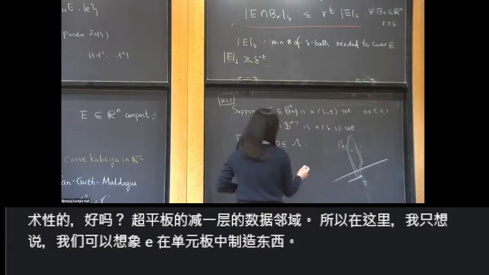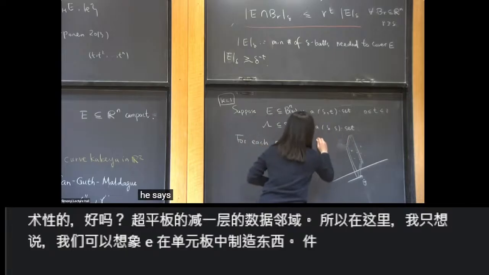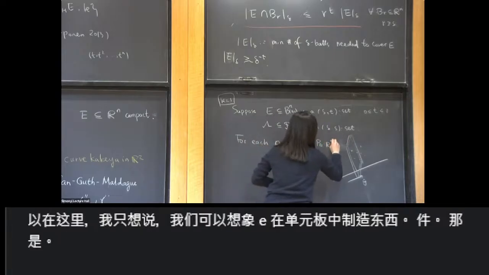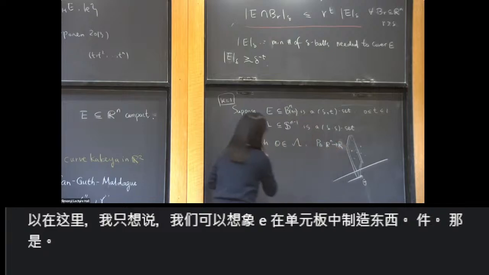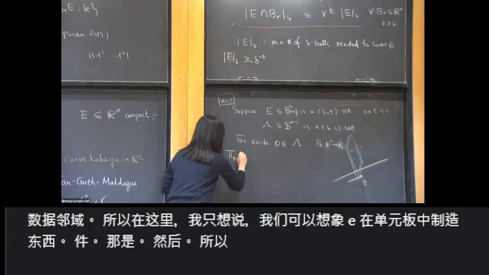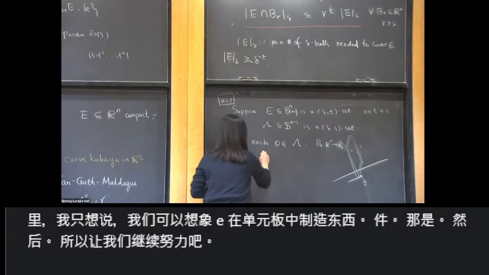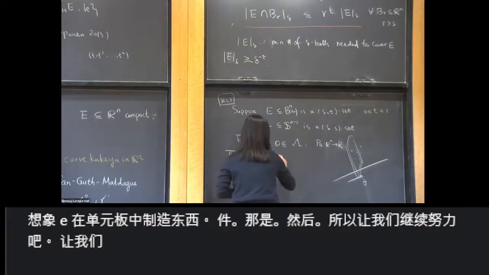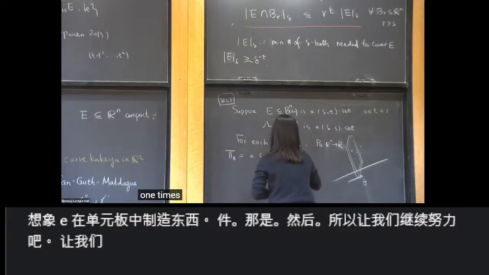And P theta is the map. And then, so that's T theta, a set of 1 times 1 slabs.